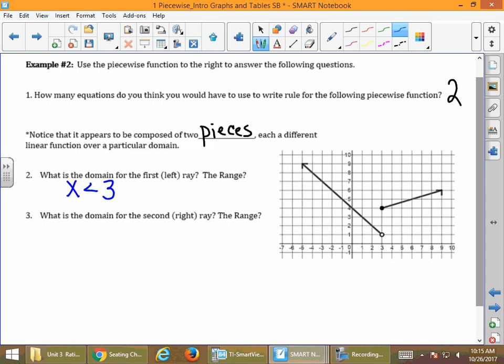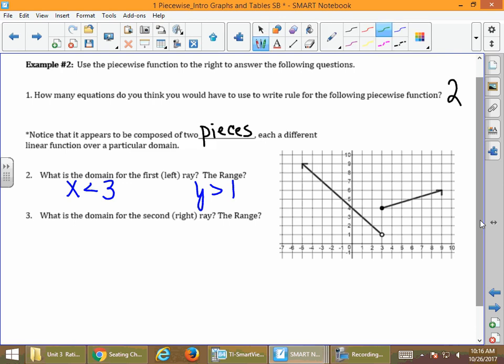And the range of that ray is from the lowest value, so we can say that it's going to be y is greater than 1. I did not put equals in there because they're open circles at 3, 1.